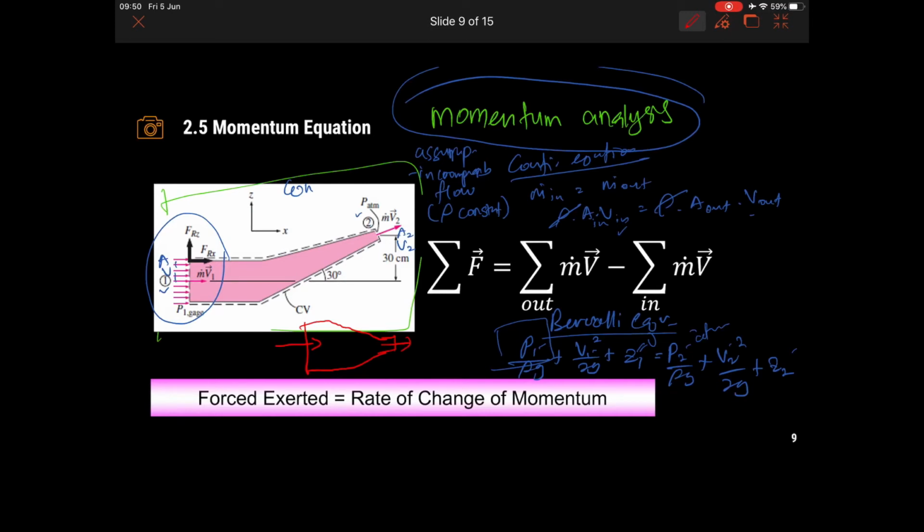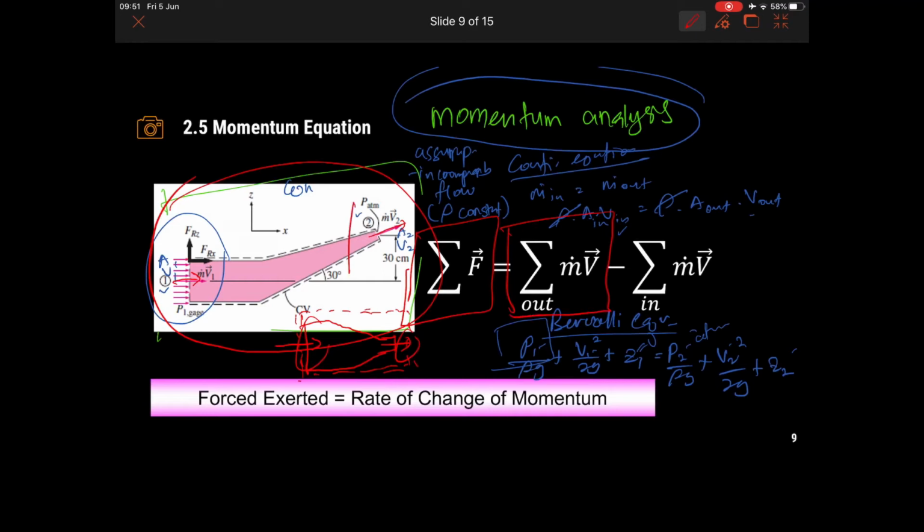You have a conservation of momentum that happens on both sides. In this study we want the conservation of momentum that occurs in the whole system, the control volume. Total force equals total momentum at the outlet minus total momentum at the inlet.